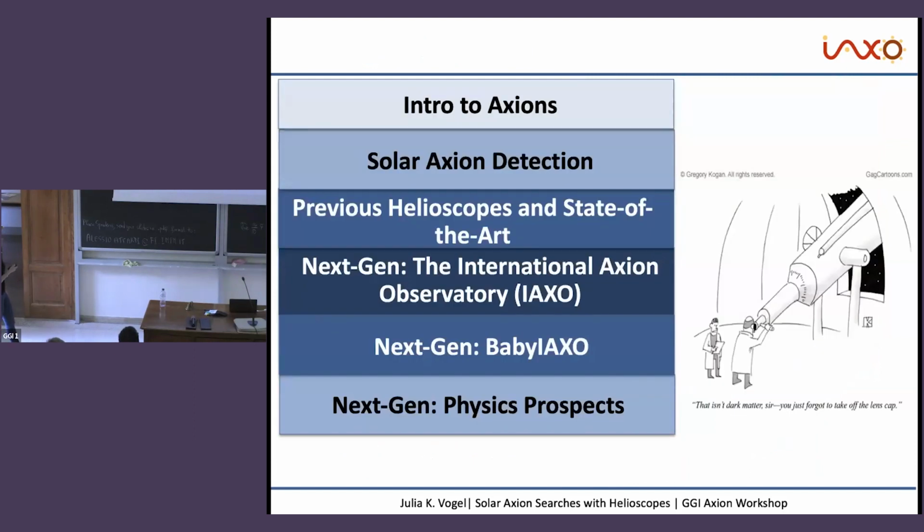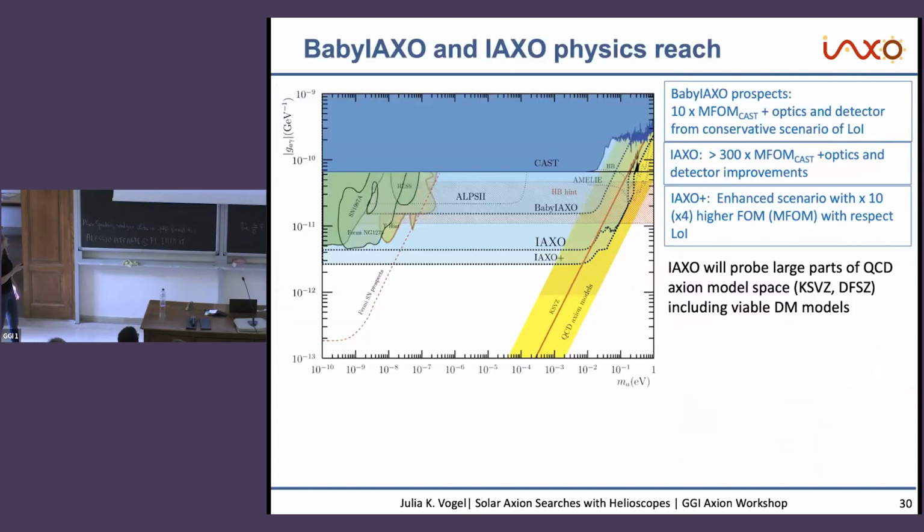Okay, so let's go to the physics prospects. What will happen once we take the cap off? This is a helioscope plot, so to make it easier to see, I didn't put the other helioscopes in there. But here you can see the BabyIAXO and IAXO sensitivity, as well as an enhanced IAXO setup that we call IAXO Plus.